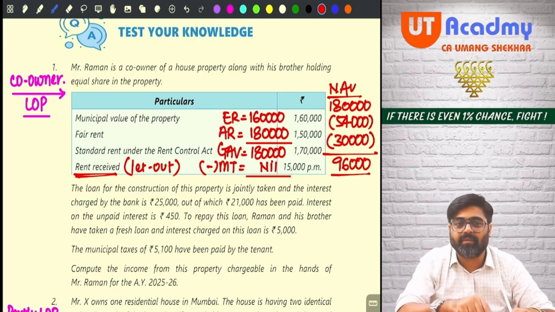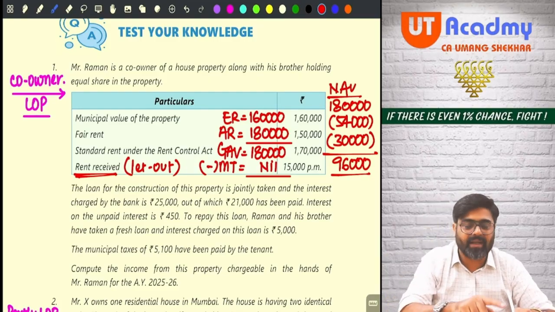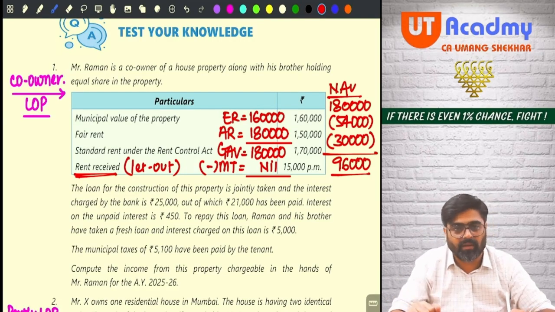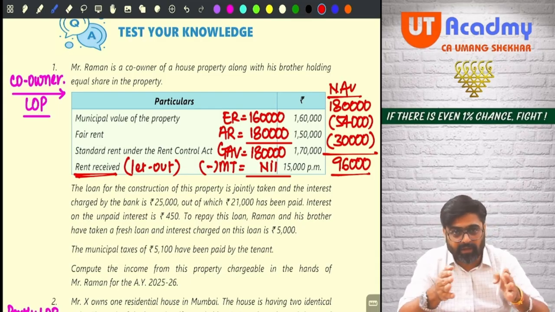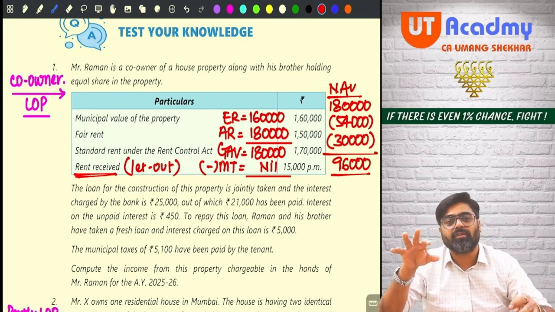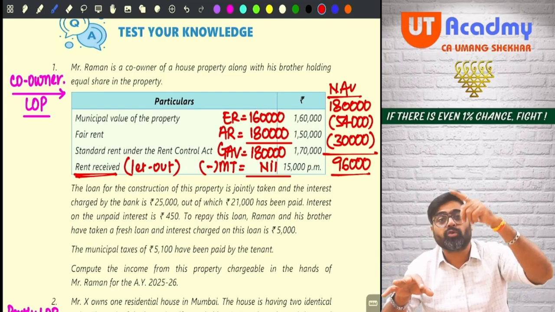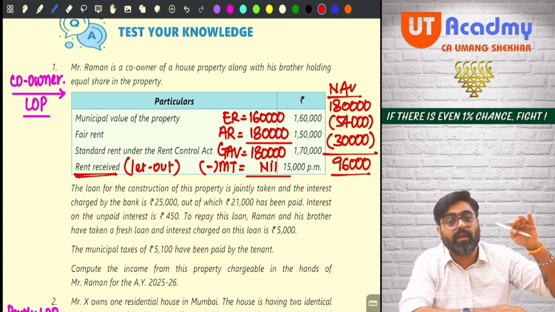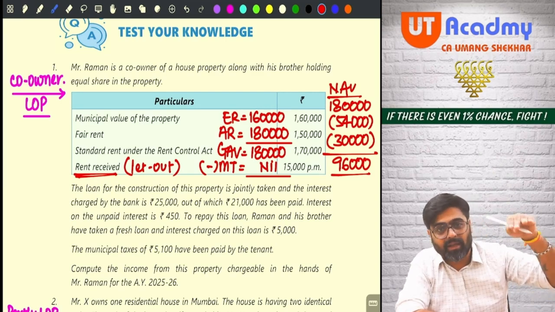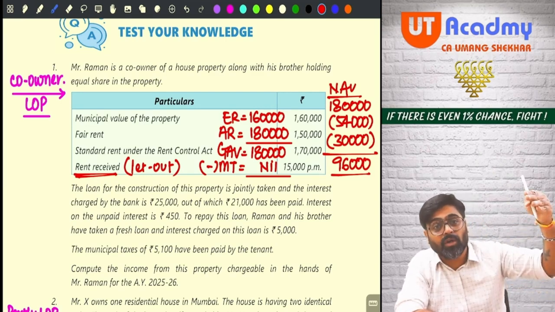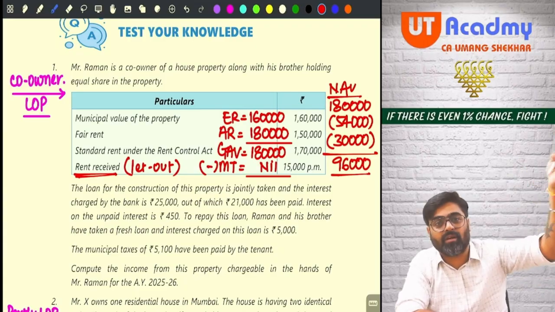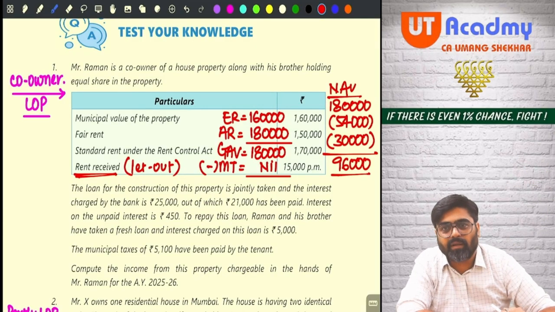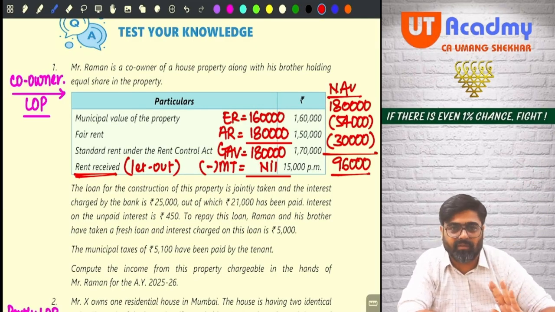So this entire income is not for Raman. This entire income is not for his brother. This income has to be divided into equal parts. Half of this is Raman's income from house property. Raman will show as a part of his total income. Half of this will be Raman's brother's income from house property. His brother will show in his total income as his income from house property. Got it? Very easy question. Very easy.